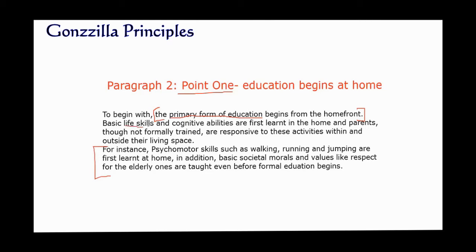So I'm going straight to say, for instance, psychomotor skills such as walking, running, and jumping are first learned at home. In addition, basic societal morals and values like respect for the elderly are taught even before formal education begins. So you're not really writing an abstraction. One sentence builds out from another. With that, you have this interconnection of ideas without drawing any idea from backwards there.